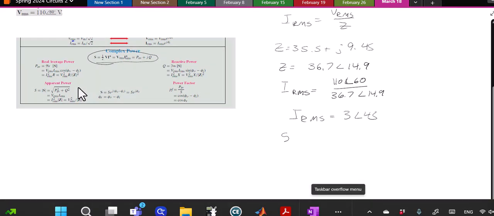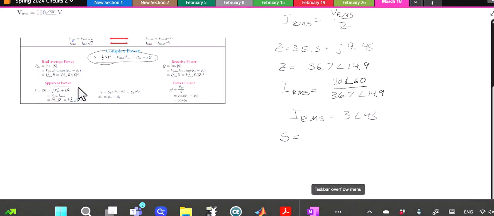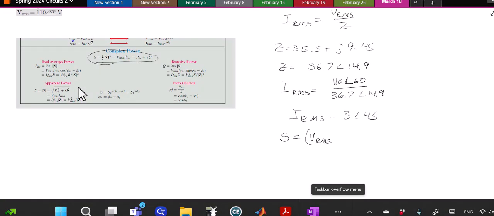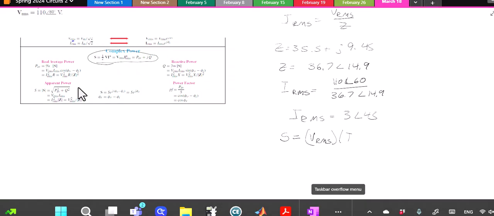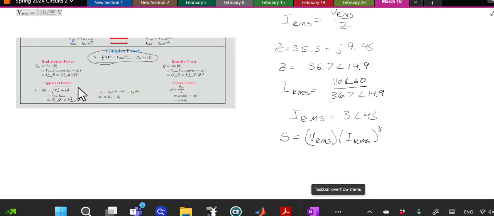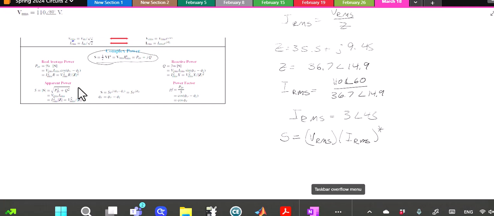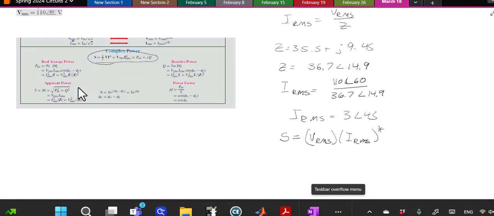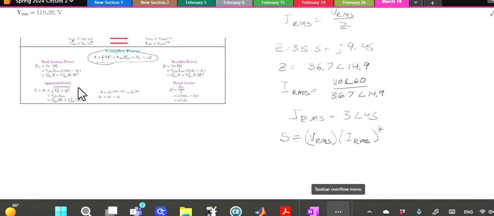Okay, so my complex power is V RMS times I RMS conjugate. Now what this means is if I had it in rectangular form, I would change the sign of the imaginary part. So I'll show you both of those things. Let the calculator do it, and I'll show you how to do it.